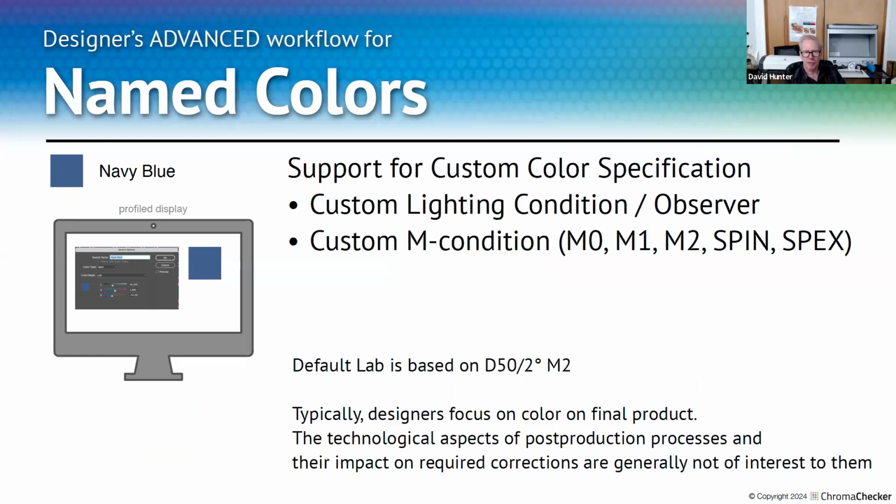Now, a more advanced workflow is where we're dealing with custom lighting. There's been some vendors out there saying, oh, we're the only ones that work with custom lighting. Well, there's at least 4 vendors that I know of now that support custom lighting conditions as part of the spot color definition, and we're one of them.